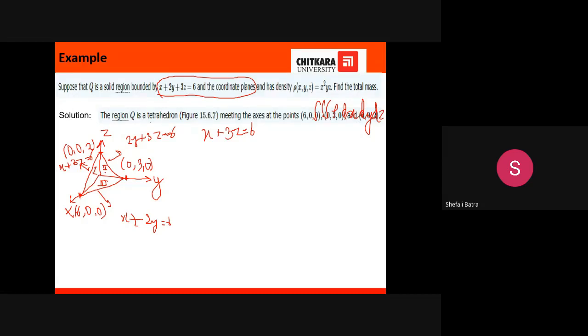One triangle, second triangle, third triangle, and the fourth would also be a triangle, but that would be in 3 dimensions. Is it clear, beta? Yes or no? No? Okay.